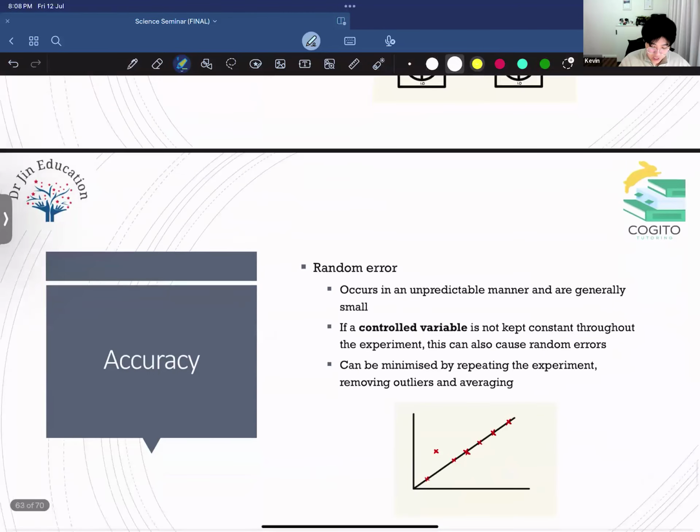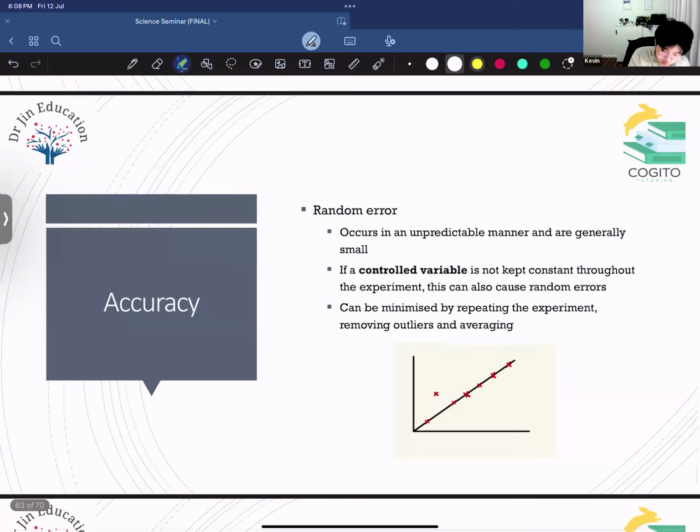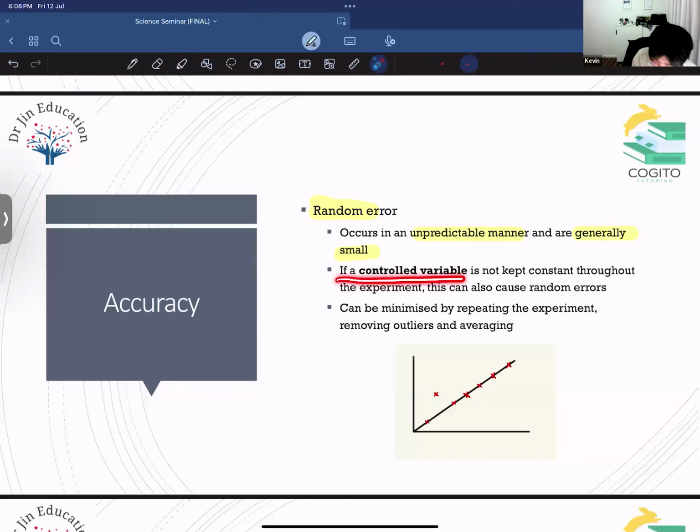Now we've talked about systematic error. Let's look at random error. As its name suggests, it's random. It occurs in unpredictable manners and is generally very small. Now, if a controlled variable is not kept constant throughout the experiment, this can cause random errors. So that's why you have to keep the controlled variables constant.